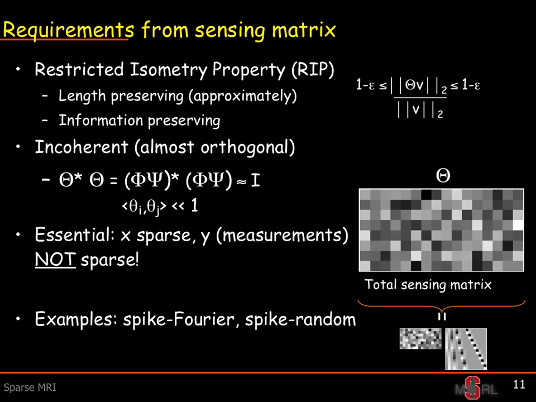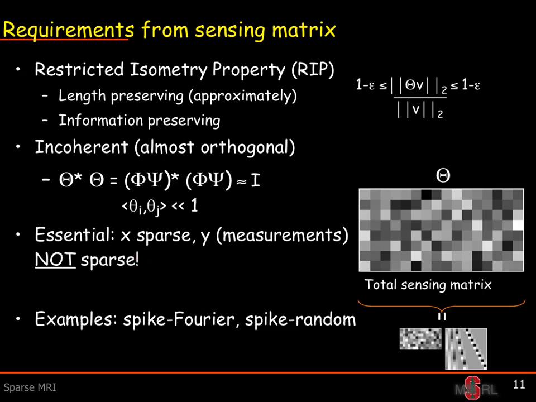That is, if we take the transpose of this matrix and multiply it by itself, we get approximately an identity matrix, which means that if we take any of the linear measurement functions in this sensing matrix and multiply it by any other one, we get approximately 0, or much, much less than 1. So what is essential here is that x, the original signal in the transform domain, is sparse, but that the measurements are not sparse.